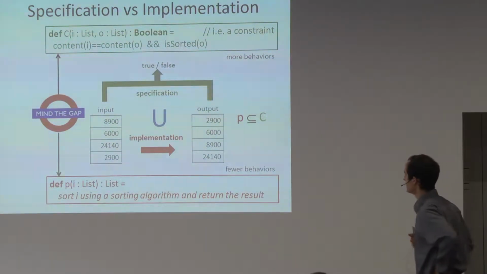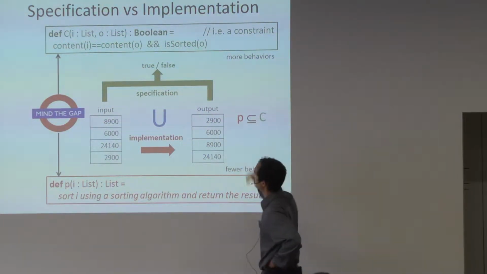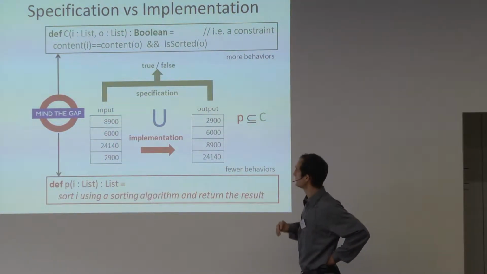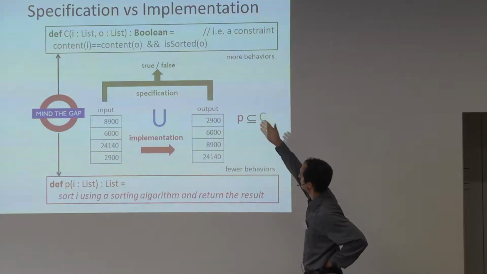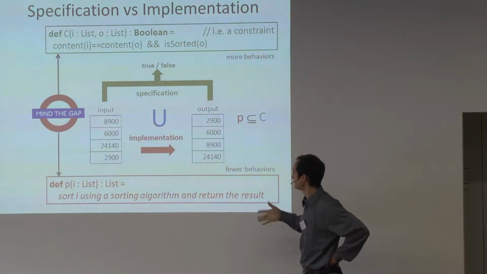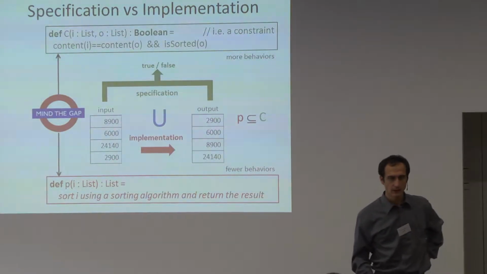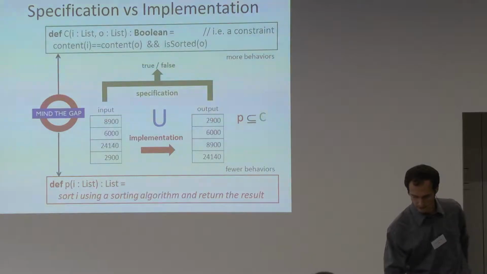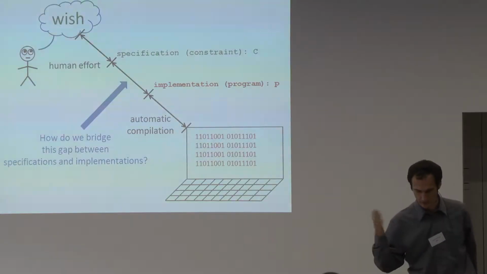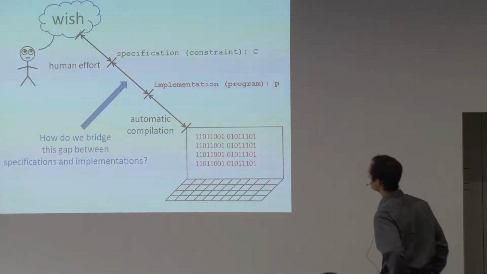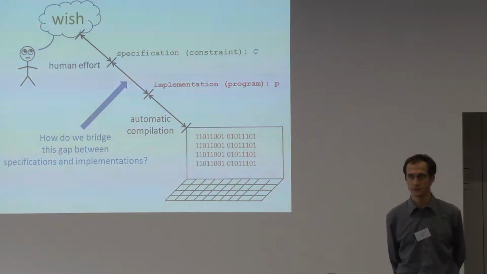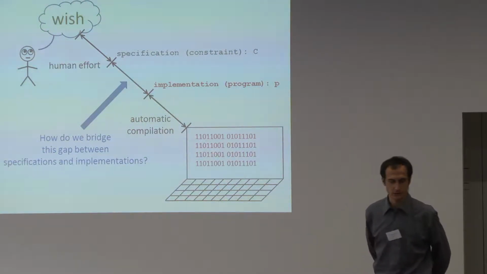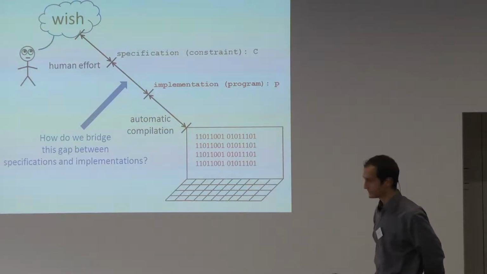Okay, so now there is a gap between the ways in which we would formally write the specification and the implementation. One is just these functions that I stated above, and the other one would be some particular sorting algorithm. What we're interested in is bridging this gap between the specifications and implementation, both of which are formal artifacts. In the grand scheme of things, wishes are perhaps somewhat informal, and there are different ways in which we could try to flesh them out to make them more precise.